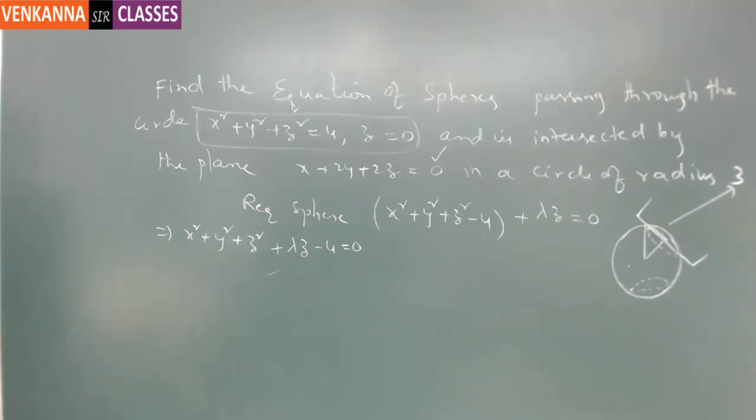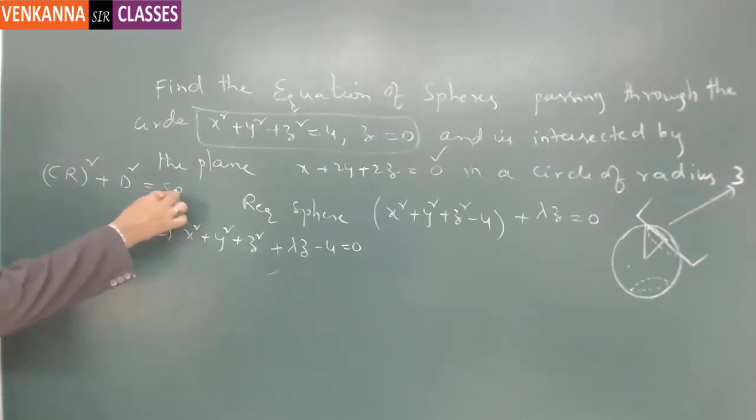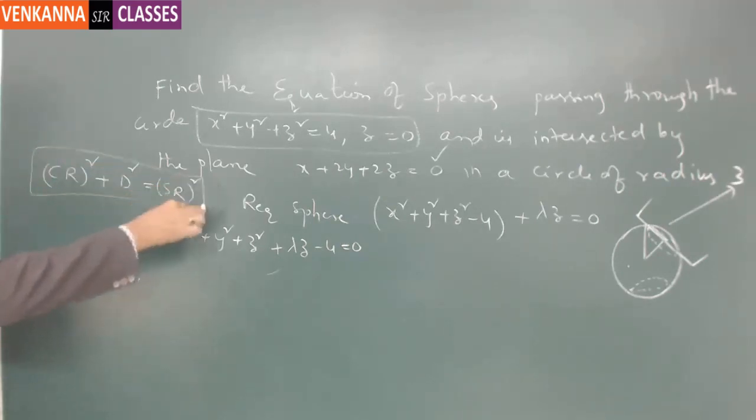So whenever the circle of intersection appears here, by default we use the formula: circle radius whole square plus distance whole square is equal to sphere radius whole square, the Pythagoras formula. Side square plus side square is equal to hypotenuse square.